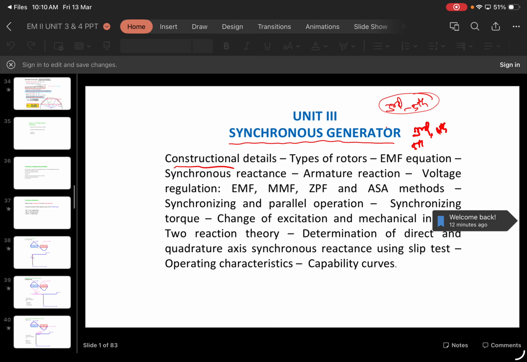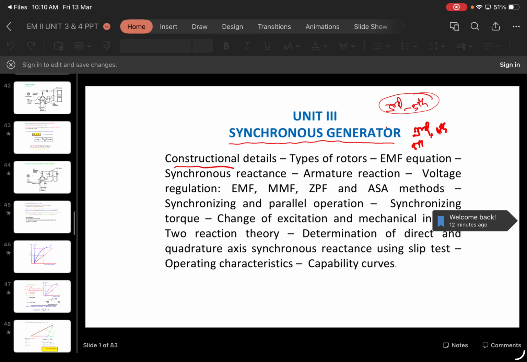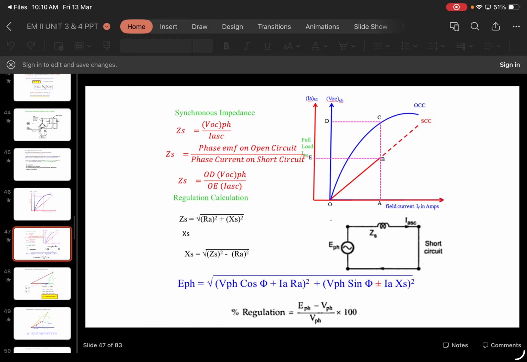There are some graphical phasor diagrams, so it will be easy. So this is what we discussed so far.